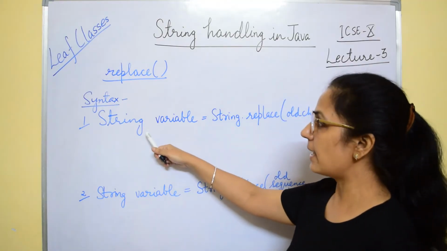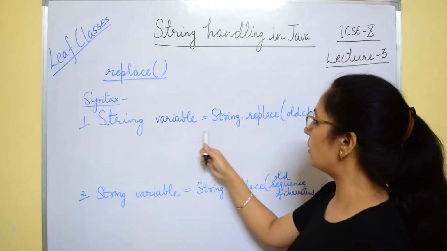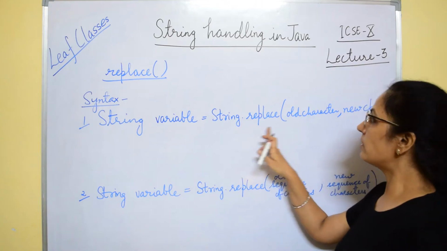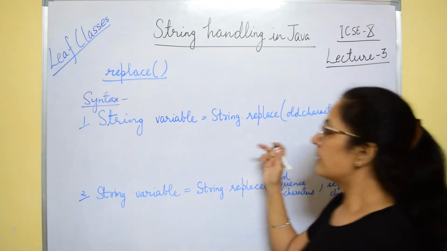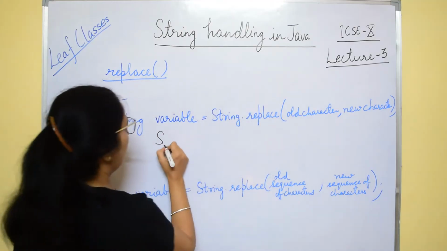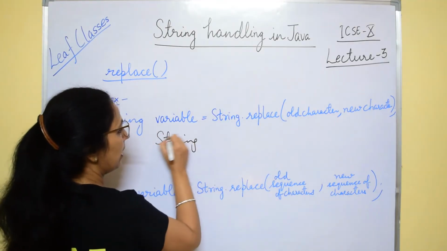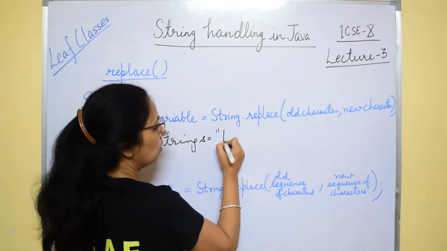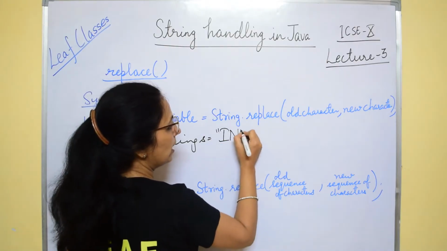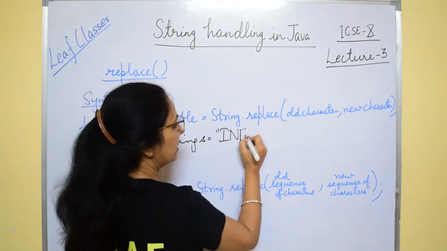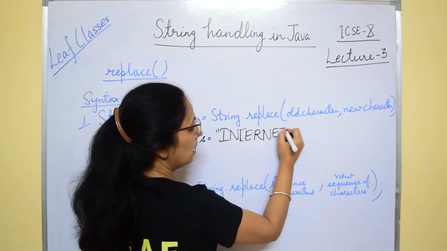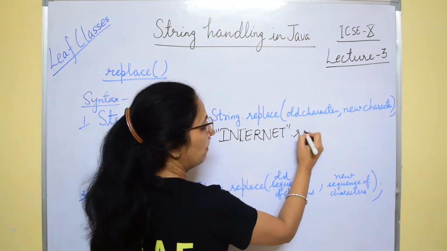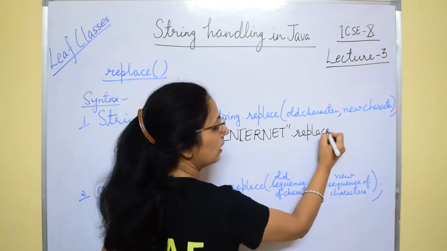The syntax is: String variable equals to string dot replace, old character, new character. So let's take the example. If I write String s equals to, the string from which I want to replace the character is, say, "INTERNET", dot replace function we are using.